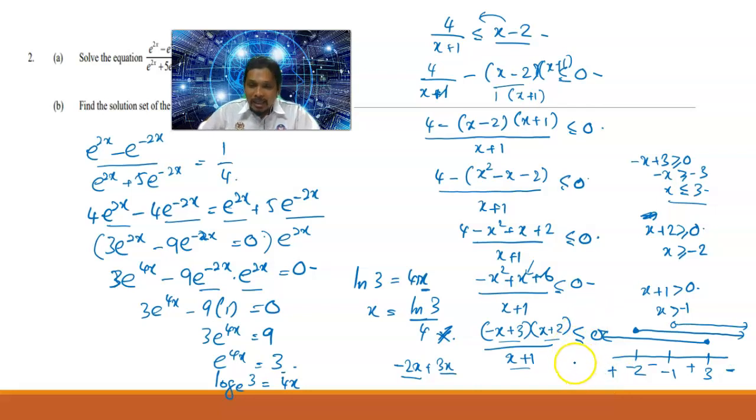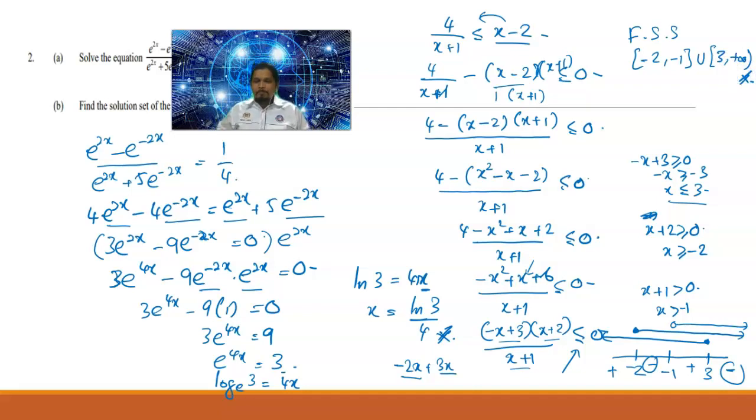Okay, then refer to this. The whole function of this is less than or equal to 0. So the numbers that are less than 0 are all negative, right? So the final solution set is -2 until -1 union 3 to positive infinity.